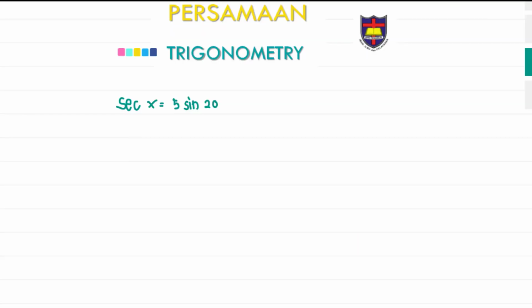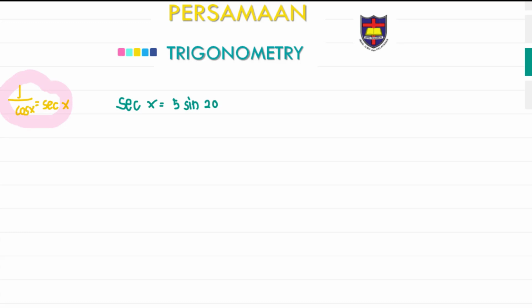Okay, let's use the calculator to calculate secant x equals 5 sin 20. But before that, we have to use the reciprocal relation to convert secant x into 1 over cos x, right? Then let's substitute secant x using this formula, 1 over cos.